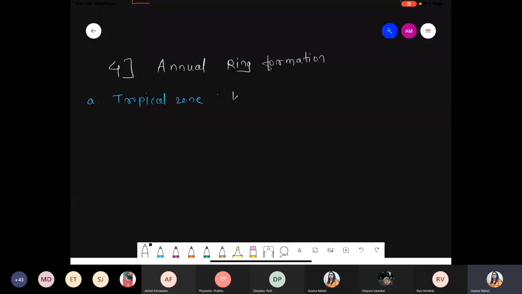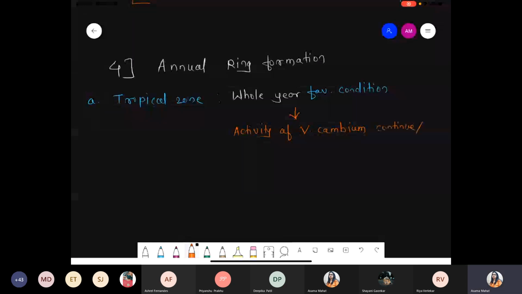The complete year, whole year, entire year, favorable condition is present, right? If the condition is favorable, it means the activity of the vascular cambium is also continuous and the same. So I'm just writing V cambium, V stands for vascular. That activity of the vascular cambium continues, meaning it is the same.